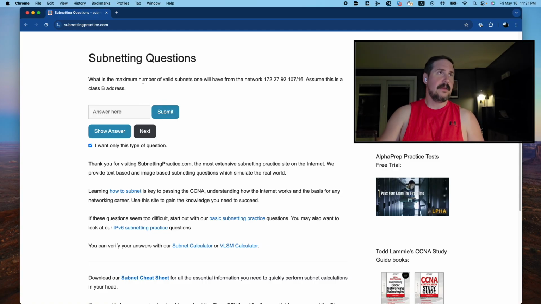What is the maximum number of valid subnets one will have from the network 172.27.92.107/16? Okay, assume this is a class B address. Now this is tricky, right? Because we're borrowing 0.